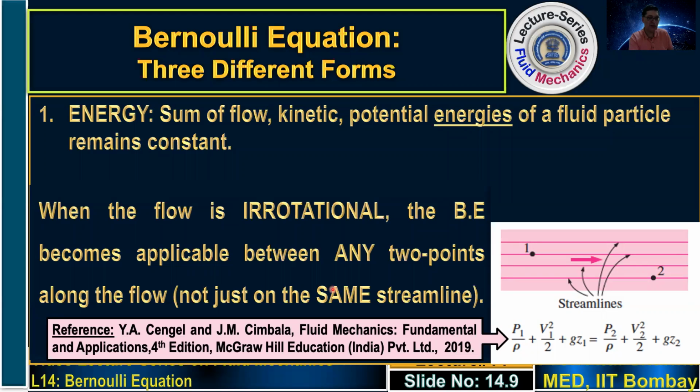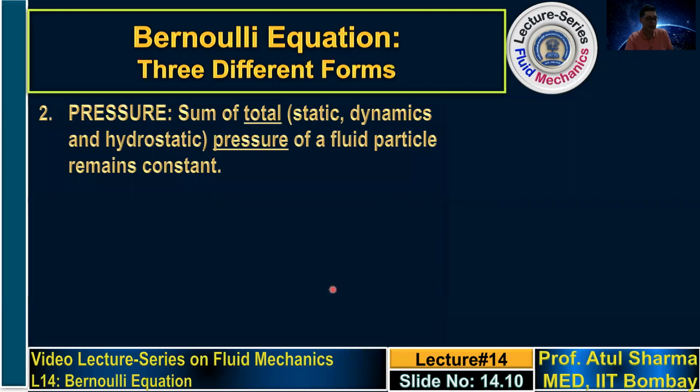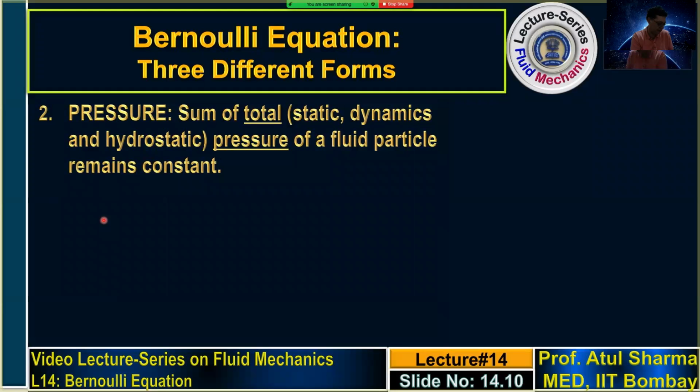After the energy form, the next form is the pressure form. Earlier we had P by rho, so if I have to get pressure, I multiply all the terms by rho. In this form, we get an equation which is P plus, earlier I had U square by 2, now multiplying by rho, rho U square by 2.